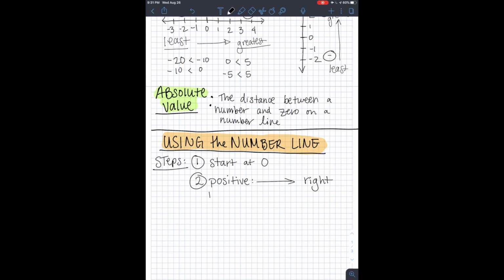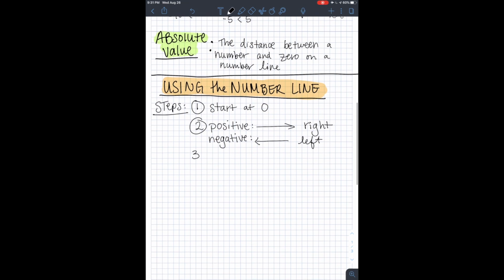If you're using vertical number lines, they would go up, but positive numbers on a horizontal number line go to the right. Negative numbers go to the left. So when you're adding positive numbers, they go to the right. When you're adding negative numbers, they go to the left.